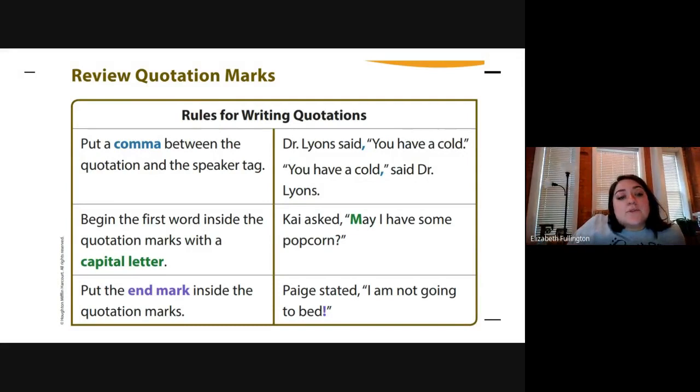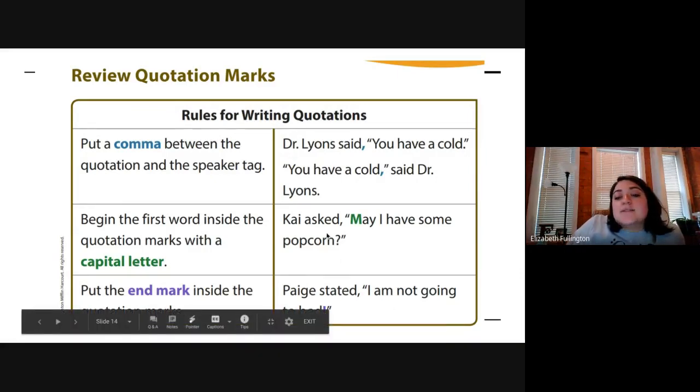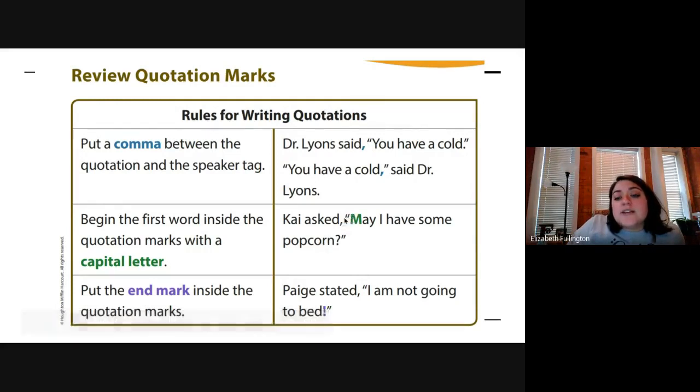The second rule is begin the first word inside the quotation marks with a capital letter. So it says here, Kai asked, may I have some popcorn? So we have our first quotation mark right here, but you notice that first word, may, that's part of this question, is capitalized. So we want to make sure we capitalize that letter when we start our quotation marks, okay?